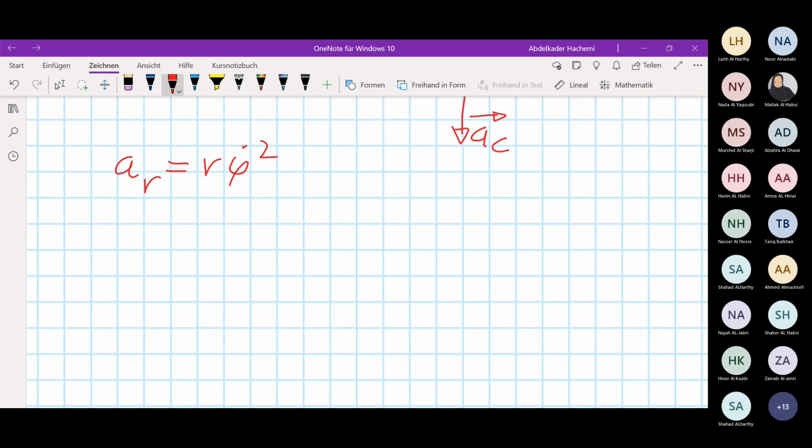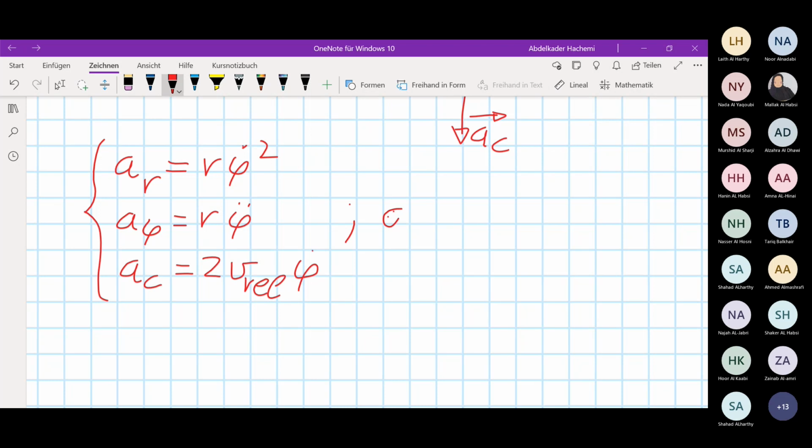We have E phi, it's R phi dot dot, and we have the Coriolis one, EC, which is equal to times V relative multiplied by V dot. Additionally, A relative here is given.